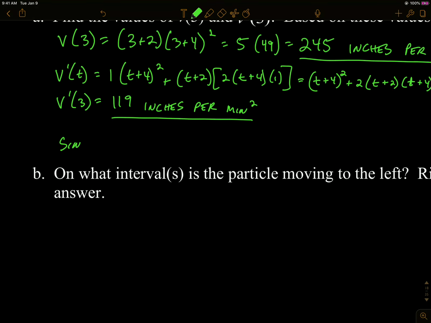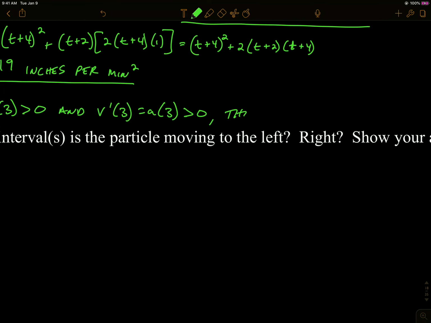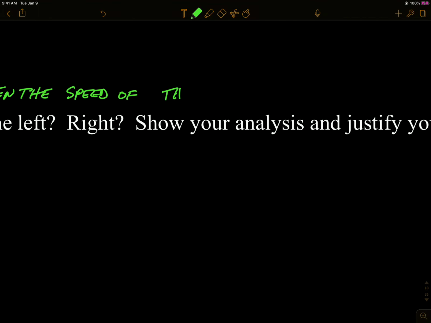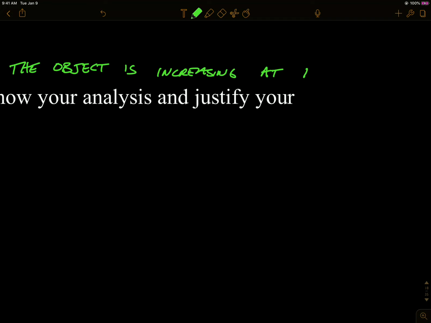So since v of 3, the velocity, is positive, and the derivative of velocity, which is acceleration, is positive, then the speed of the object is increasing at time 3.